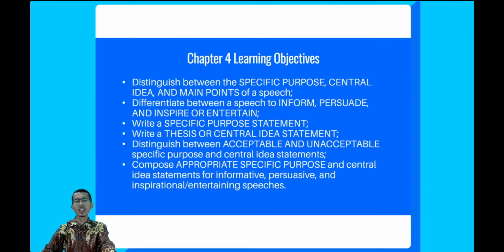In this chapter, the following are the learning objectives. You will distinguish between the specific purpose, central idea, and main points of a speech. Then you will differentiate between a speech to inform, persuade, and inspire or entertain. After that, you will write a specific purpose statement.